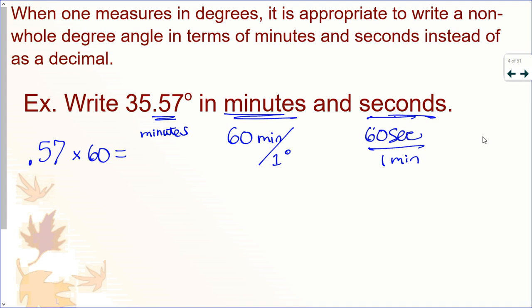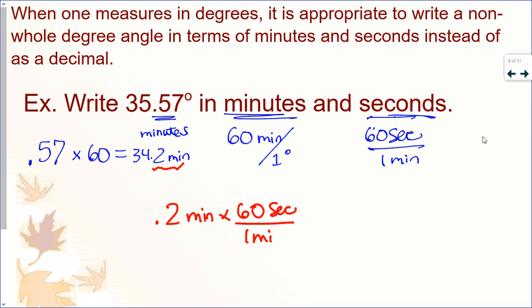And I get 34.2. So 34.2 minutes. And then what you do is you take the remaining decimal, which is 0.2 minutes, and then times 60 seconds per 1 minute.